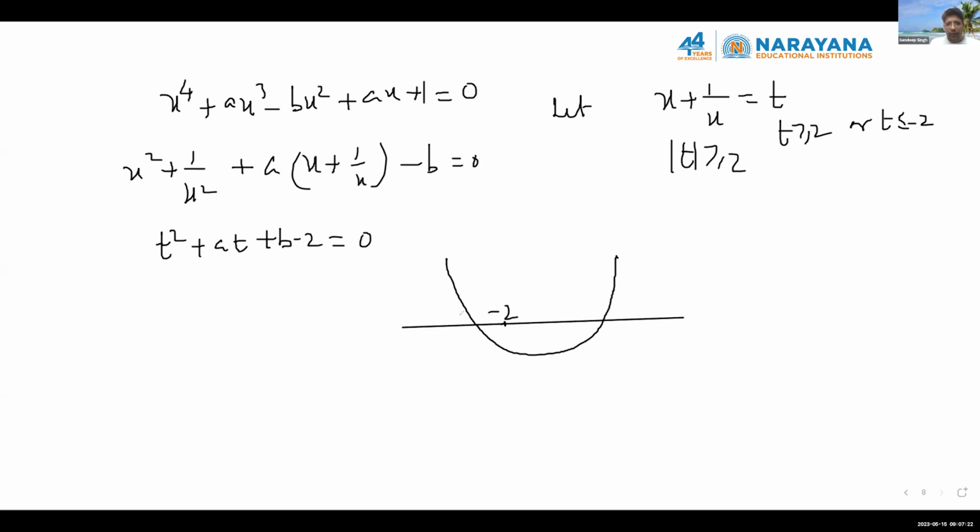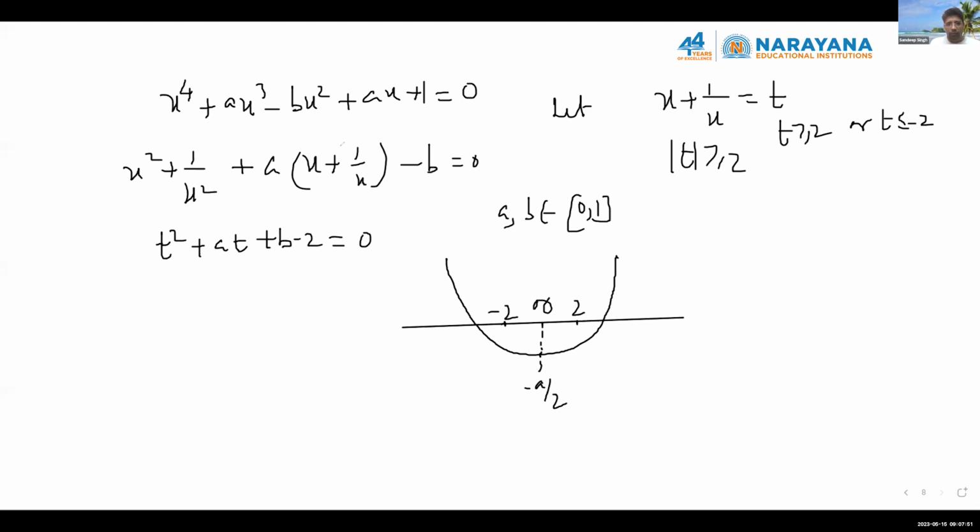And minus a by 2 obviously is lying over here, because a and b both are between 0 and 1. They have given it to be lying between 0 and 1. So if that is the case, f of minus 2 could be less than 0 or f of 2 could be less than 0. This is an either-or condition. You getting this? Yes, sir.